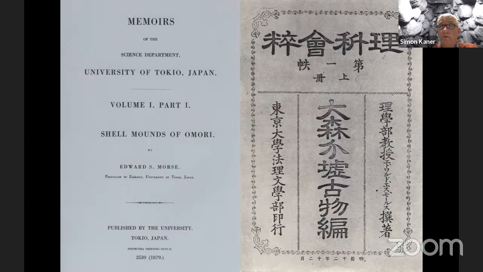It was the first published archaeological report from Japan at the University of Tokyo in 1879, which he rather intriguingly also dates as 2539, which would be the traditional Japanese date, marking the date from 660 BC, which is when the Emperor Jimmu, whose tomb we were at a few minutes ago, is considered to have started his great progress east and set up the Yamato dynasty.